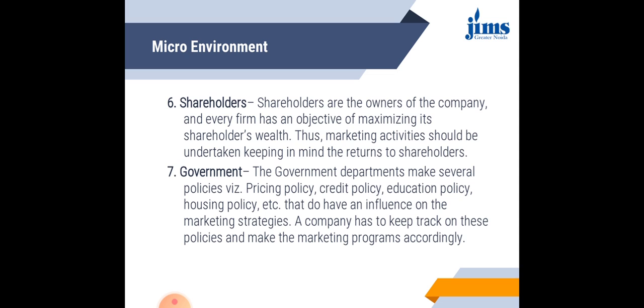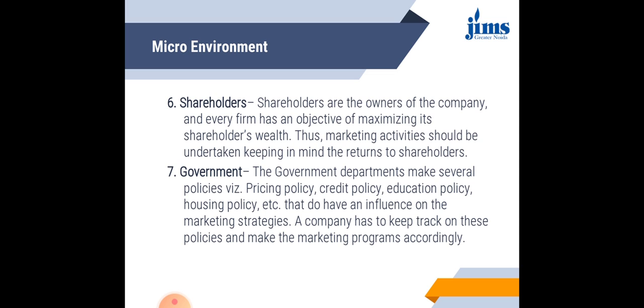Now we talk about the 7th aspect, that is the government. See, from time to time there are certain changes in government policies, like the pricing policies, the credit policy, the educational policy, the housing policy. All these policies keep on changing, with some kind of fluctuations or updations. The government keeps on updating these policies.